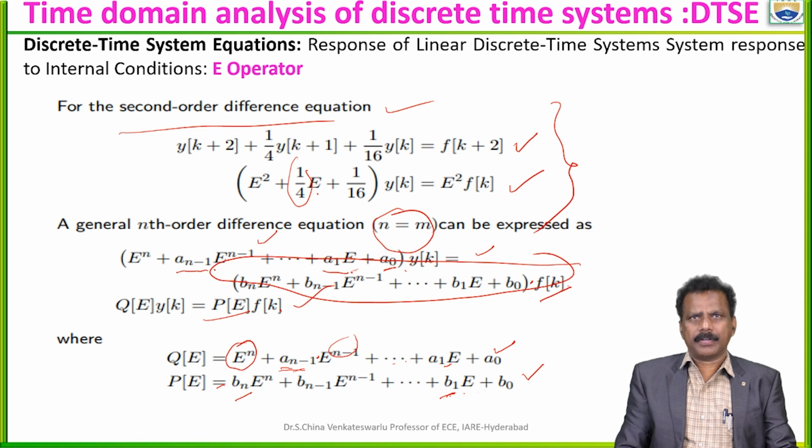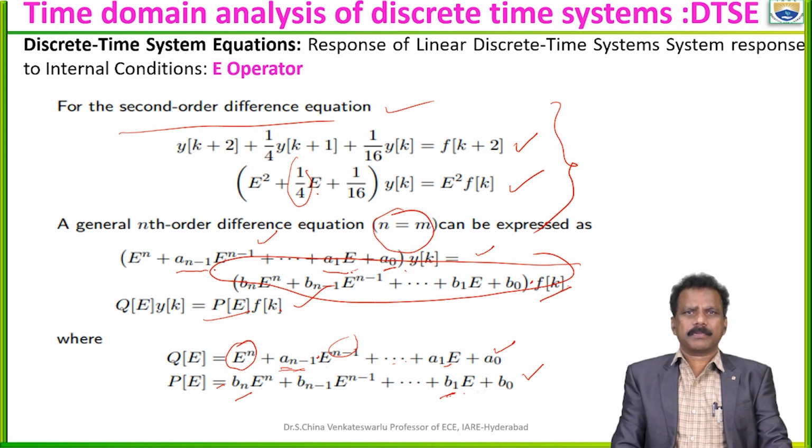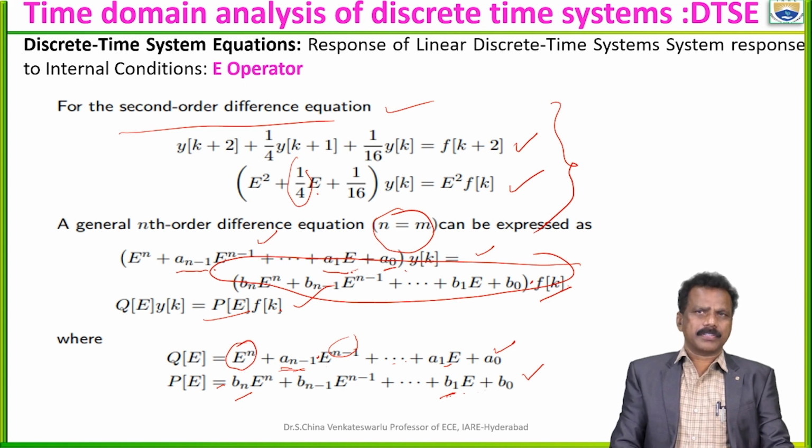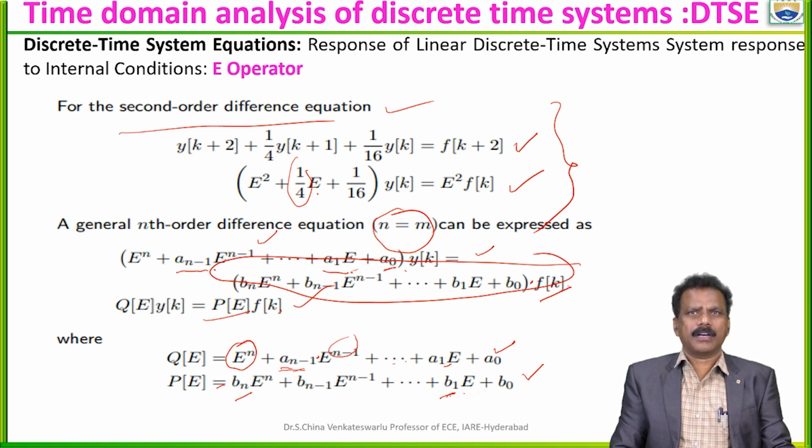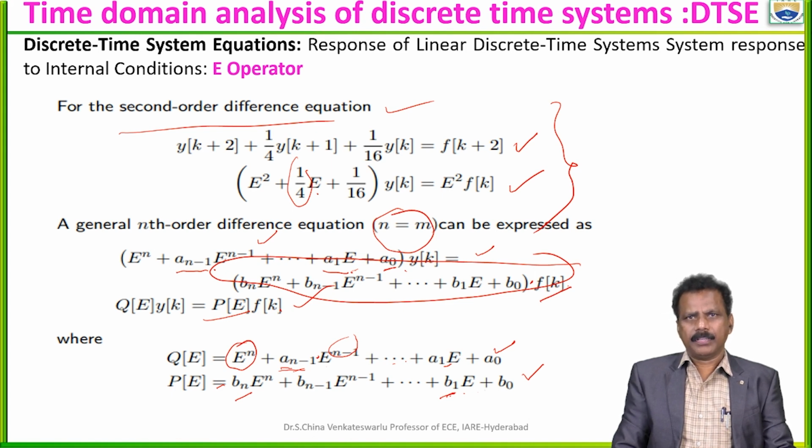Based on this operator, for second order and general nth order difference equation, it can be expressed how it affects the internal condition based on the linear discrete time system response to internal condition.